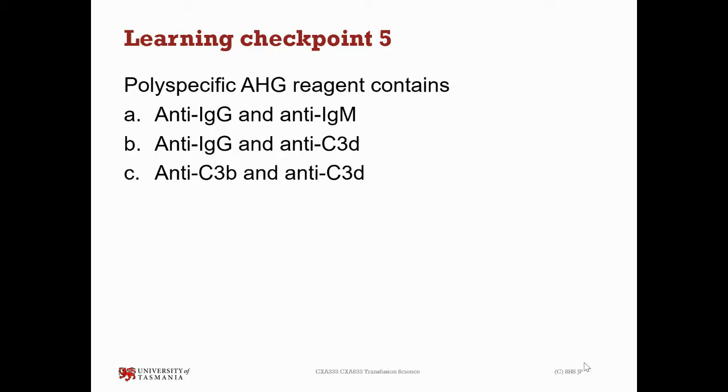Okay, so A is all about antibody and C is all about complement. Although in theory they're not exactly the same, B is the one where we've got an antibody component and a complement component, and so that would be considered the most polyspecific.